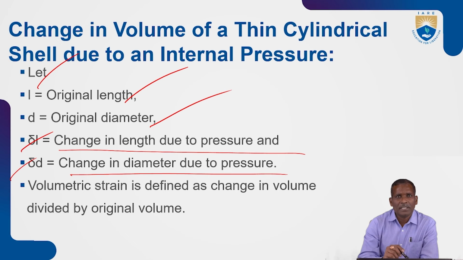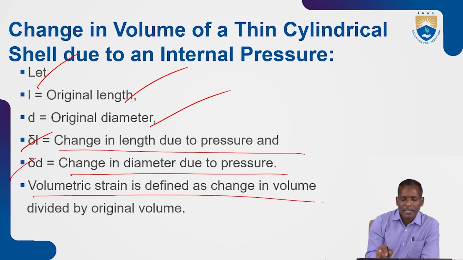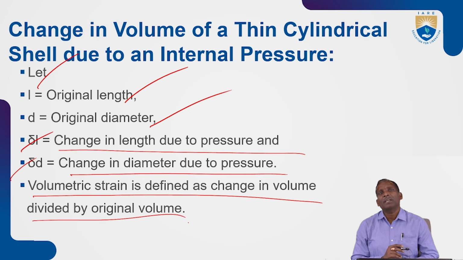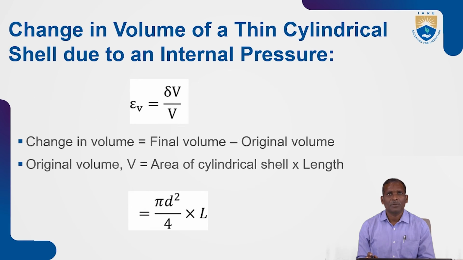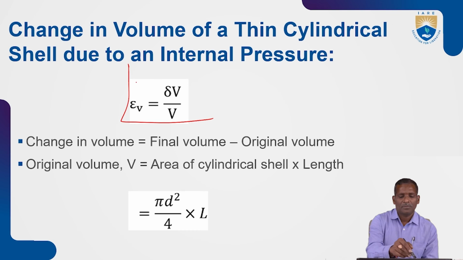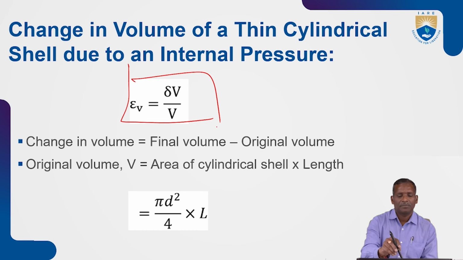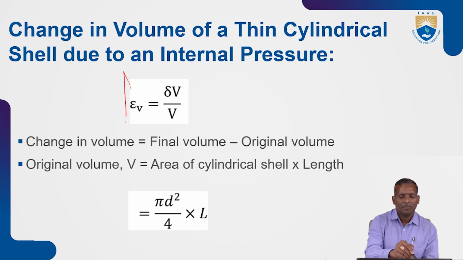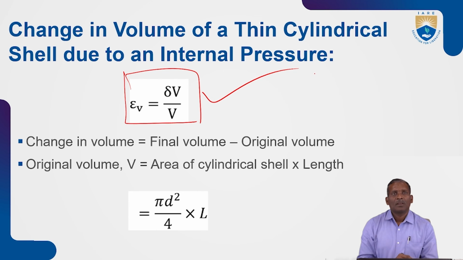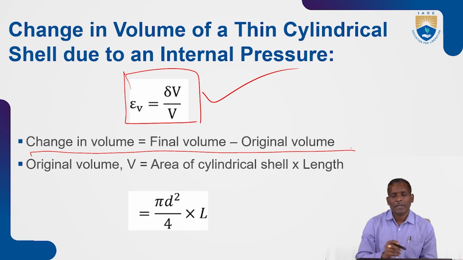The volumetric strain is defined as the change in volume divided by the original volume, that is epsilon V equals delta V by V. The change in volume is equal to final volume minus original volume.